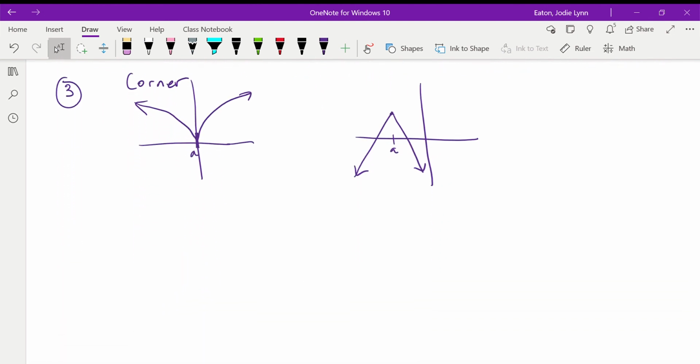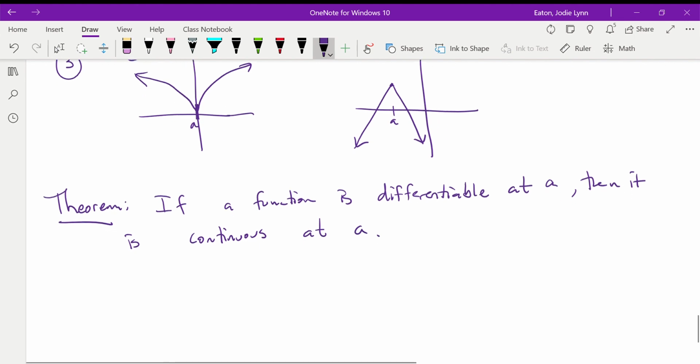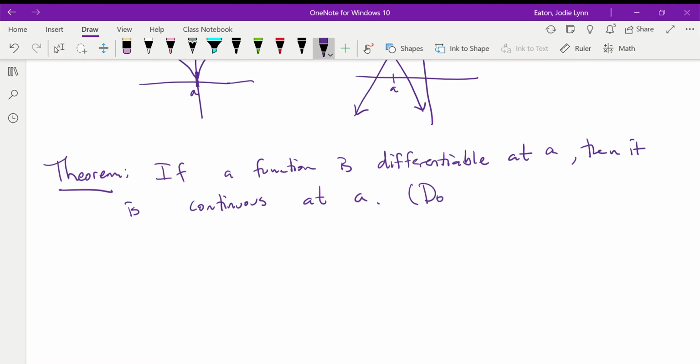So we have a theorem which says if a function is differentiable at A, then it is continuous at A. Notice that this does not work the other way, because we have some continuous functions like absolute values that are not differentiable.